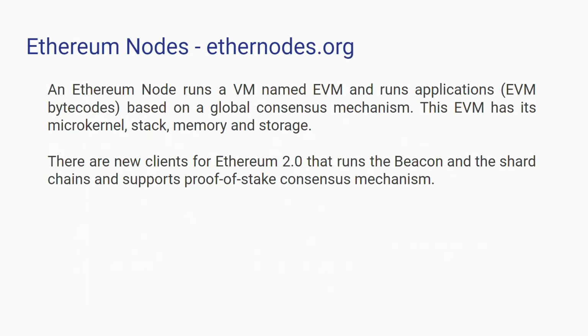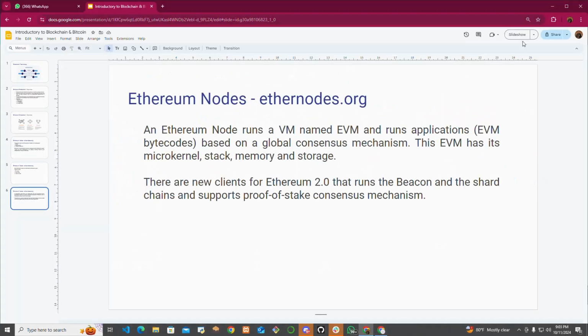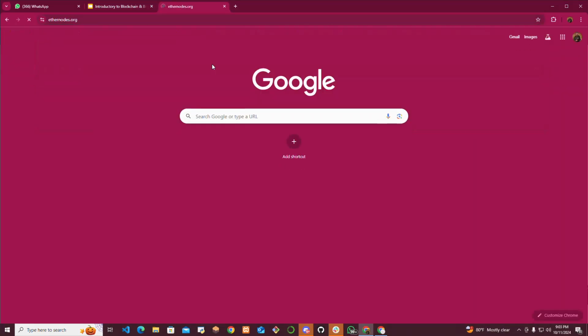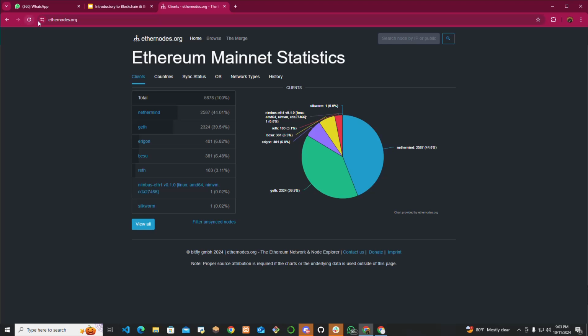We can look at the Ethereum nodes by going to Ether nodes, right? You can Google Ether nodes. These are the current nodes that are alive. All these things are powering the Ethereum blockchain, right? So in order for you to shut it down, all these would need to go down, which is nearly impossible, right?